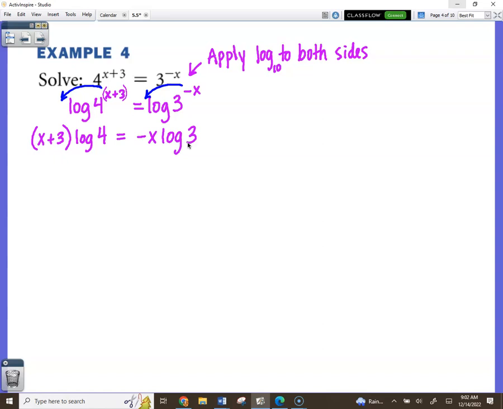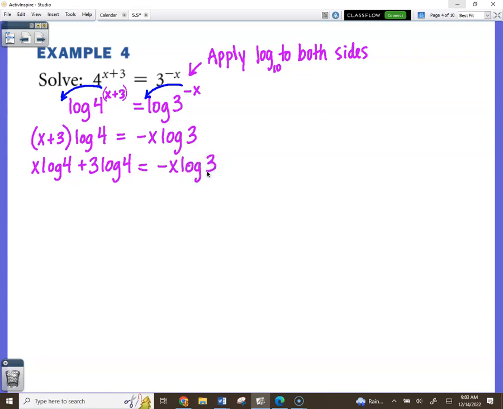How many terms are right here? 2. And it's multiplying by log 4. So we need to distribute that so we can get rid of the parentheses. So this would be x log 4 plus 3 log 4. And then the right side just comes down.